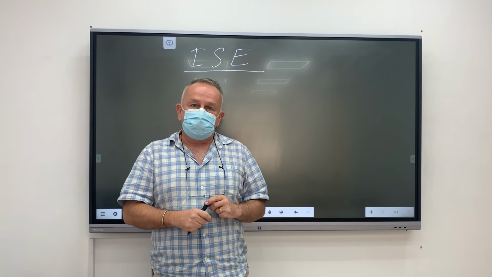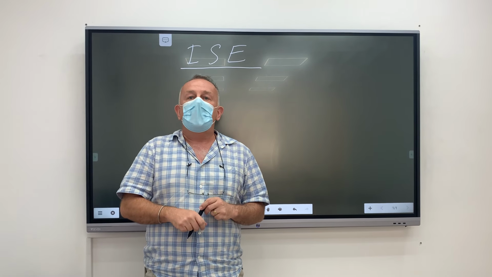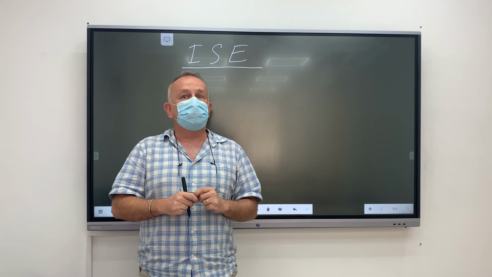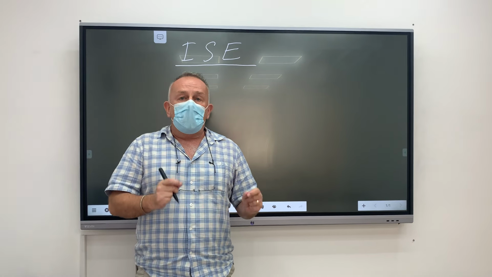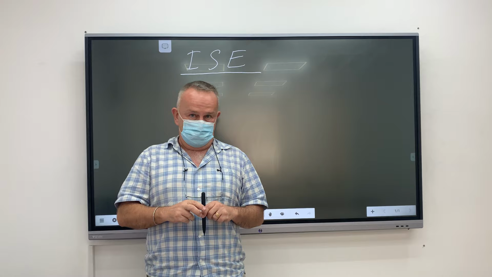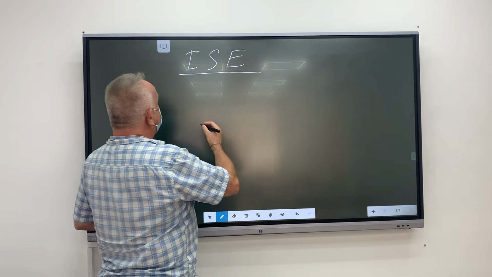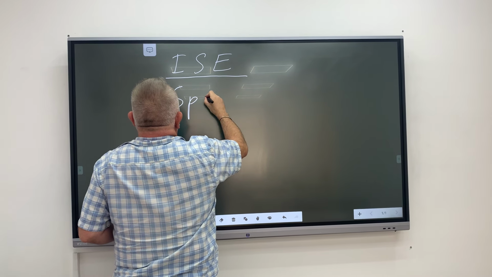The reading and writing exam consists of 4 parts, 2 reading tasks and 2 writing tasks. The speaking and listening exam consists of 4 parts again.